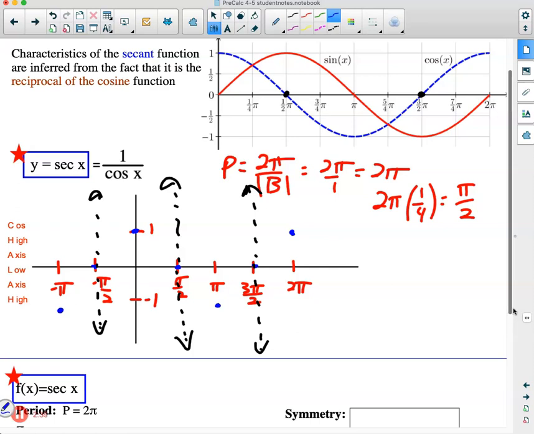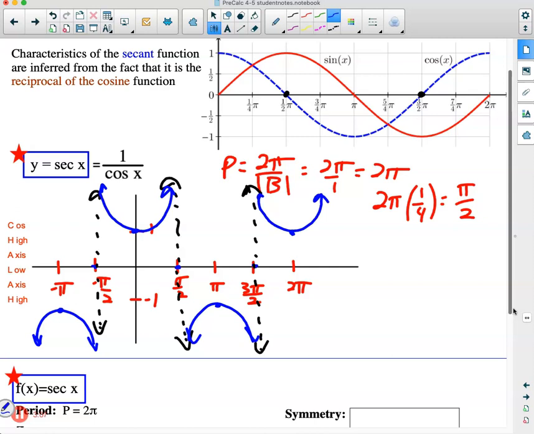So the normal way that we would make this into a nice smooth curve isn't going to work because of those asymptotes. And what happens is we use the points that were not on our x-axis to guide us and give us individual branches, parabola branches that we have there for secant.